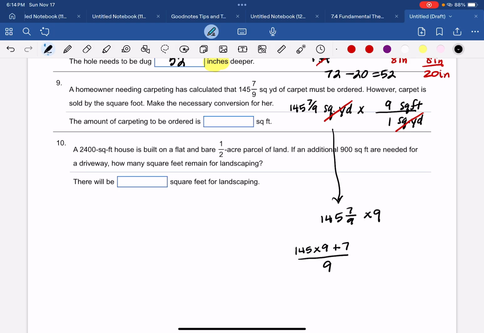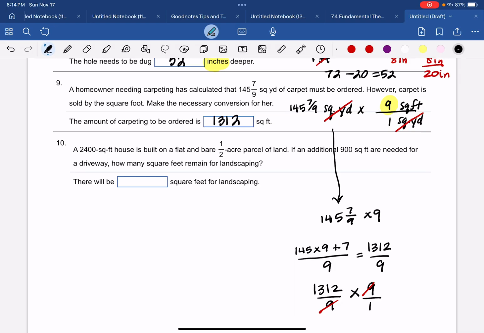So when I do that, 145 times 9 plus 7 is 1312 over 9. Now we're going to take our 1312 over 9 times 9, because remember this 9 was on the top here. It's 9 over 1. And the shortcut is the 9s will now cancel out. And so we end up with the final answer of 1312 square feet.